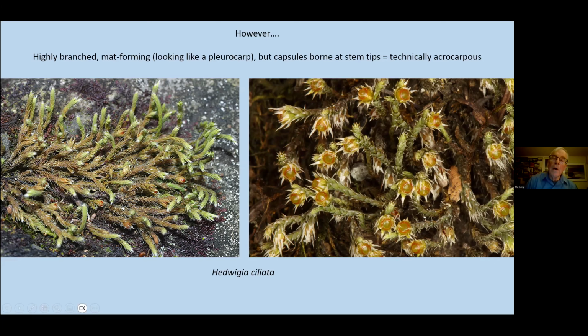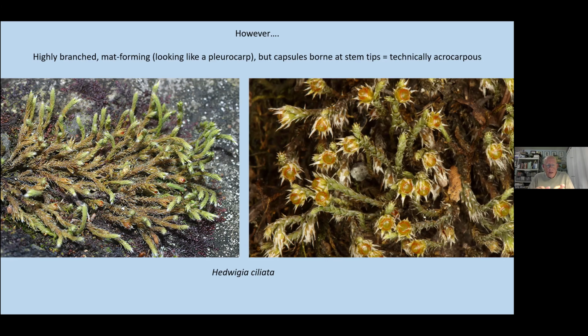Kelly, do you remember some more species where you put them in both the pleurocarp and acrocarp parts of your key in your big green book? Well, my memory's not that good, and I'm not sure that we have. There are lots of instances in the Big Green Book where I put things on both sides of a key lead because it's difficult to interpret.